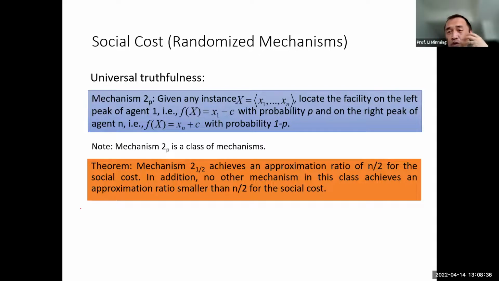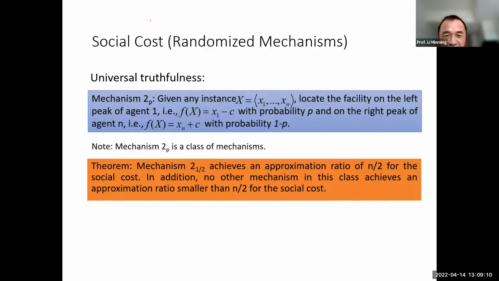Now, because universal truthful is a very strong property, the approximation ratio will usually be bad. So in the double peak instance, yes, there is one question about left peak, right peak. Yes, minus c is the left peak, plus c is the right peak. You're right. Just now we said choosing the leftmost left peak is strategy proof, and choosing the rightmost right peak is strategy proof. Then I mix them together with probability.